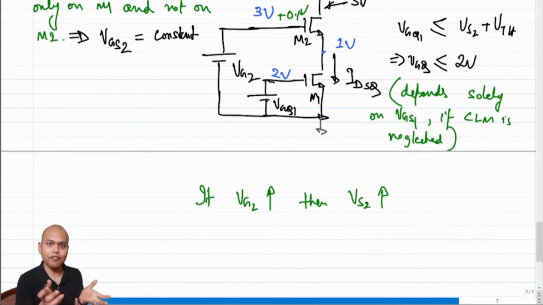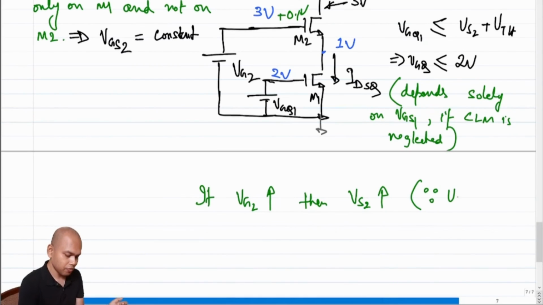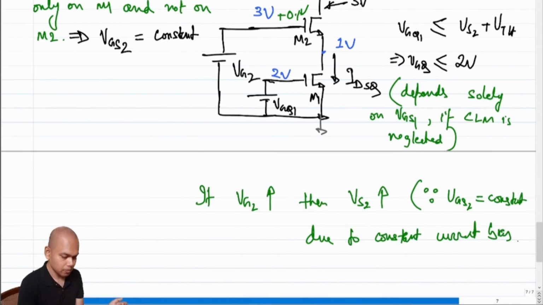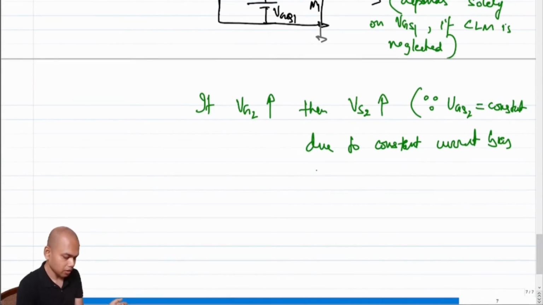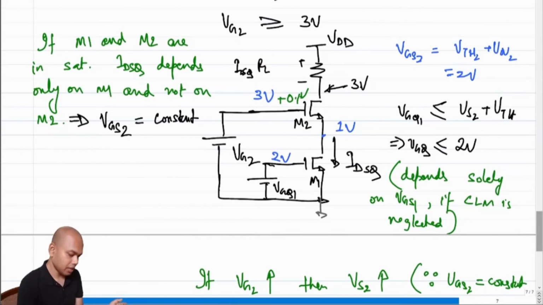You will not have VGS2 to be constant, right? So since VGS2 has to be constant due to constant current bias for M2, right? So what's going to happen here?